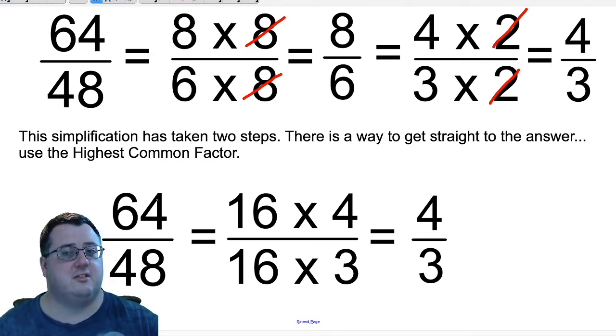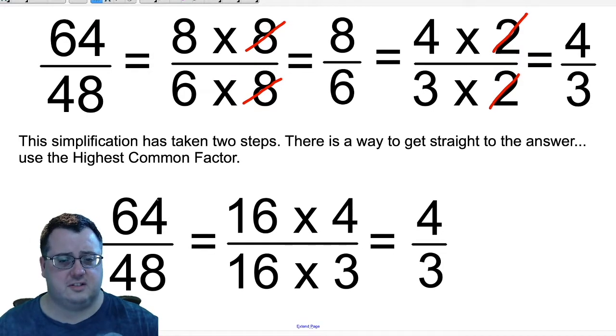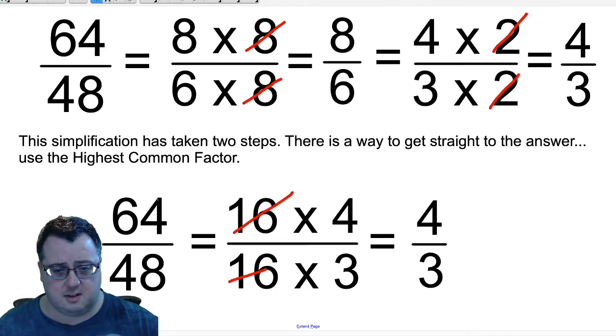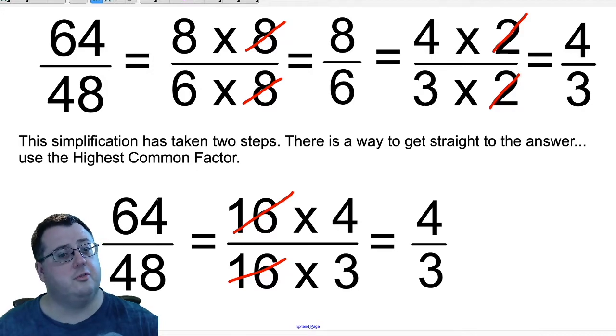There is another way to get straight to the answer, and that is to use the highest common factor. Now the highest common factor is 16, because 16 times 4 is 64, and 16 times 3 is 48. Cancel out your 16s, and we go straight from 64 over 48 to 4/3.